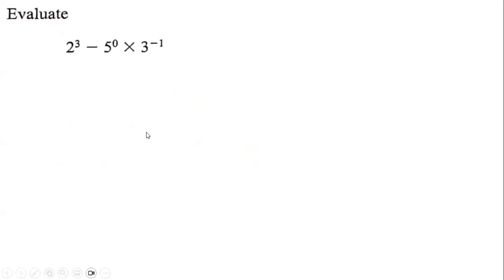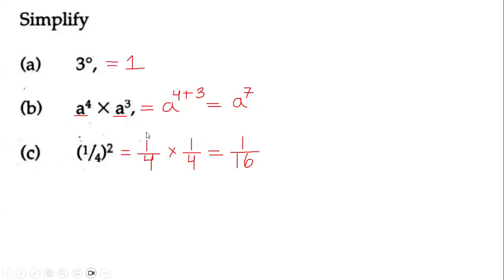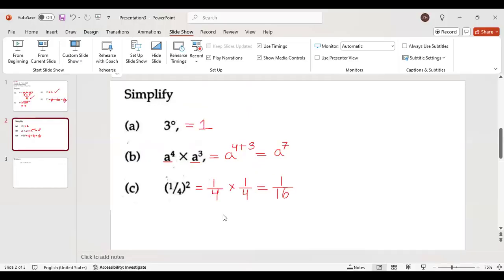Mr. Petit, go ahead. Is there any time where the rule on number C would change with multiplying straight across? Once the denominators are the same, it's always allowed to multiply straight across.